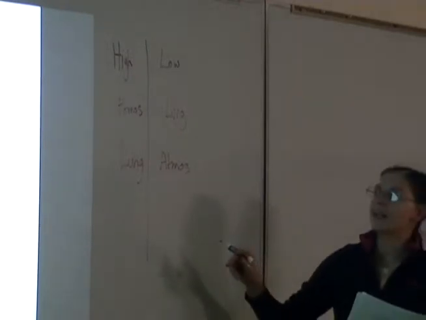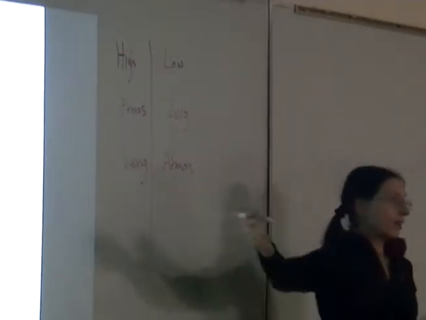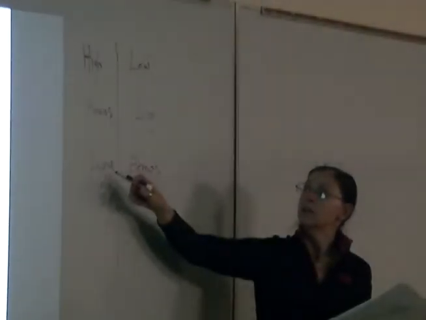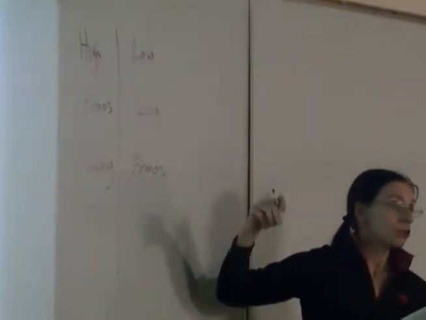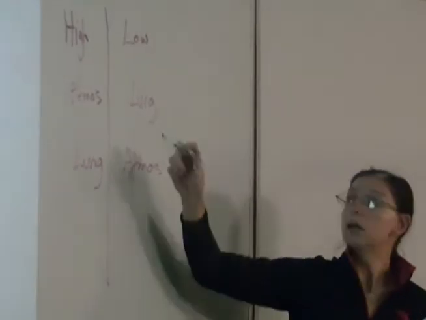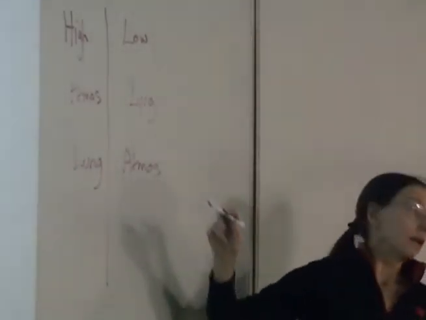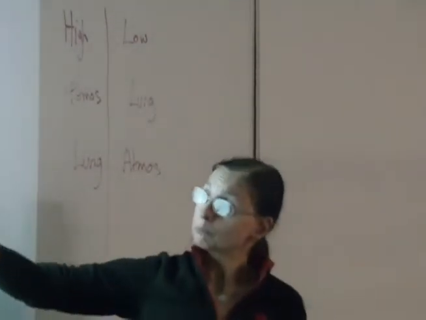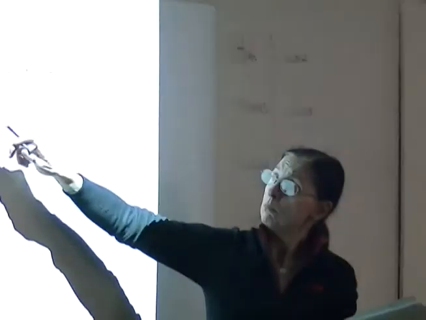Questions? So if my intrathoracic pressure is higher, I breathe out. If my intrathoracic pressure is lower, I breathe in. Got it? Now, how do I change the lung volume?